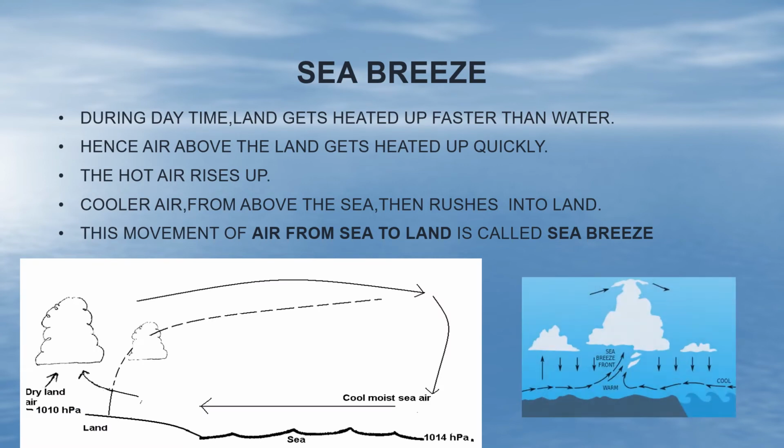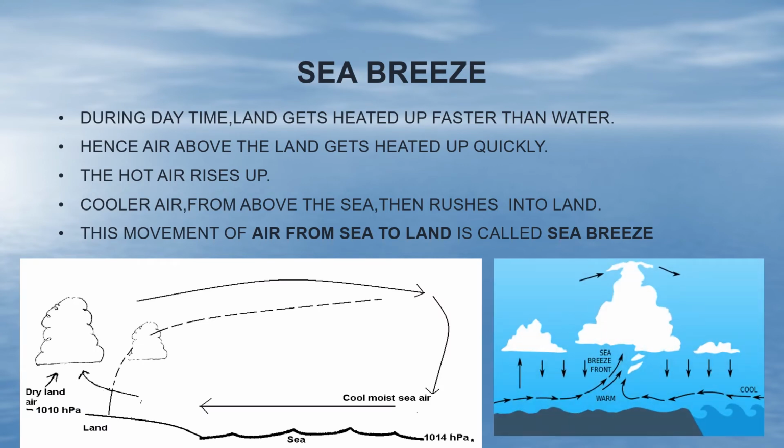Have a look at these pictures. In the daytime, land gets heated up faster and the air above land also gets heated up. The hot air becomes lighter and rises up.